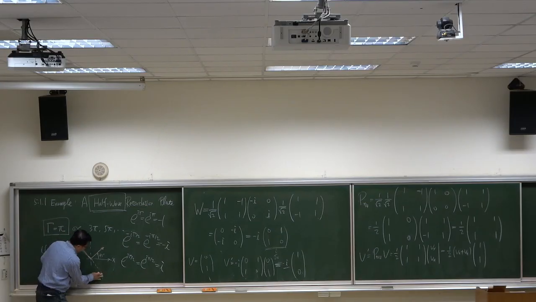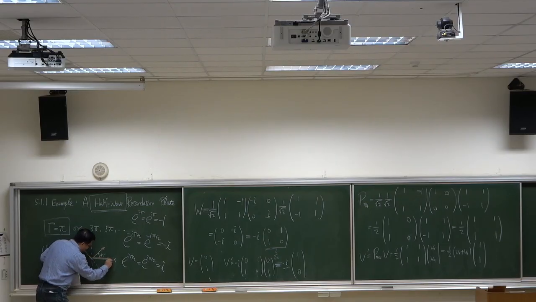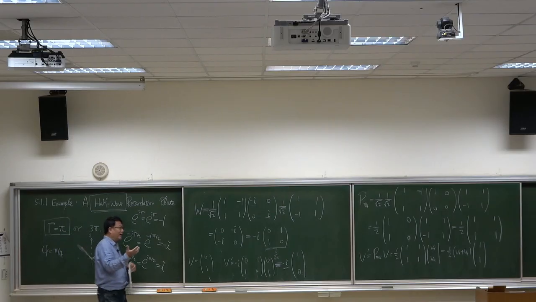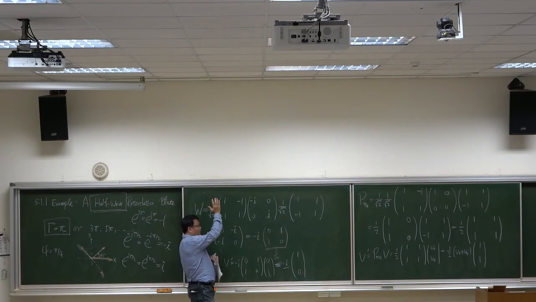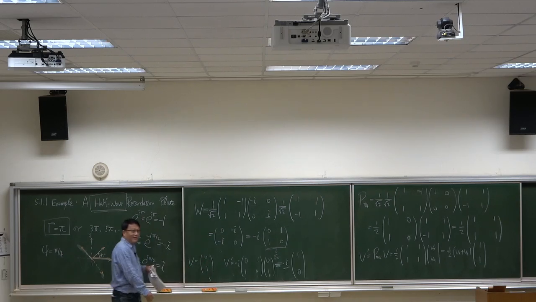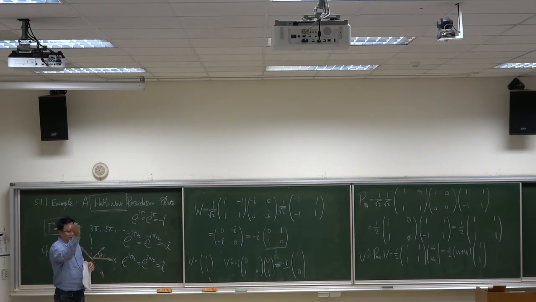So finally, we can add them to get this polarization. Okay, so that's why we rotate the polarization by 90 degrees from y to x.